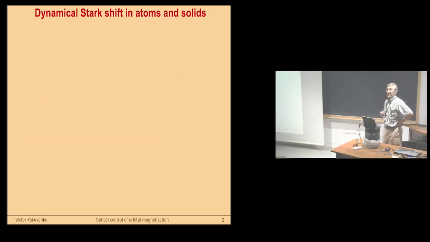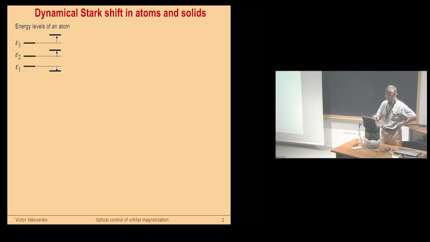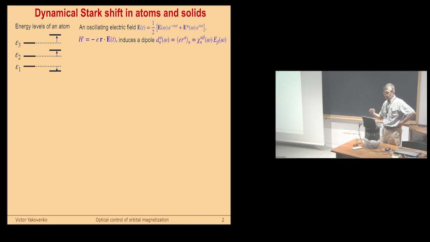Okay, let's start kind of pedagogically and consider the energy shift in an atom in the presence of an oscillating electric field. Essentially, we have some energy levels in an atom, and we apply a weak oscillating electric field, so we can couple by dipolar coupling, electric dipole times electric field.